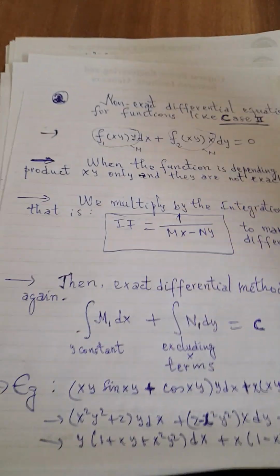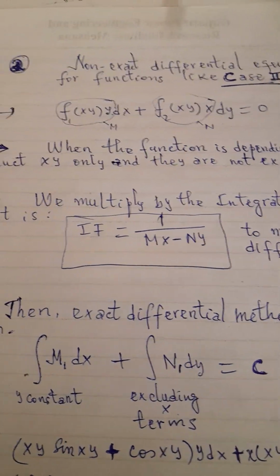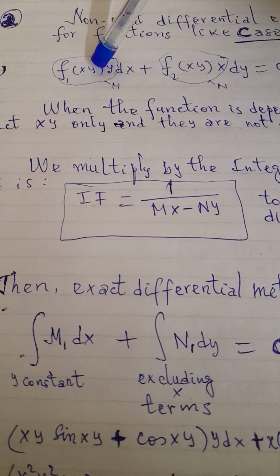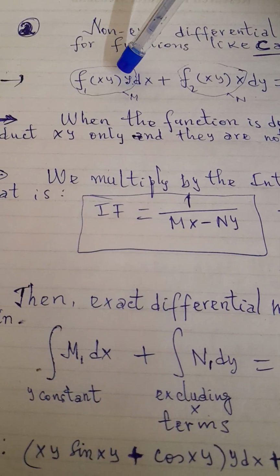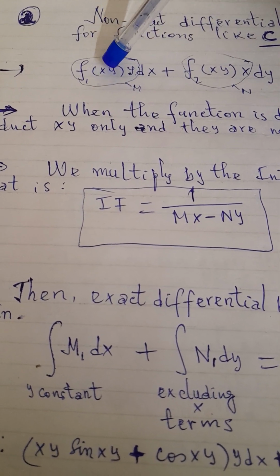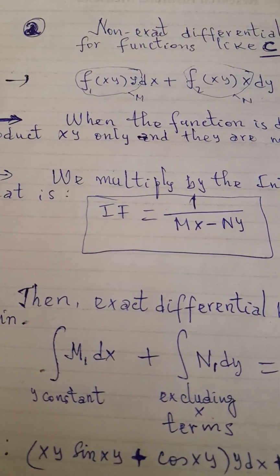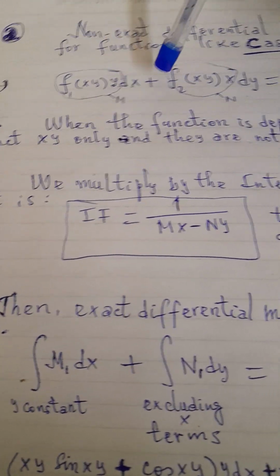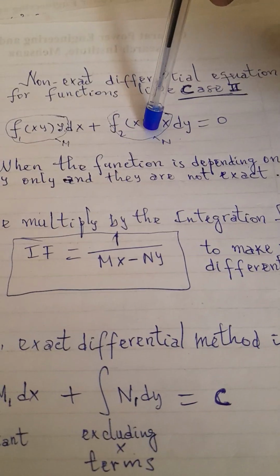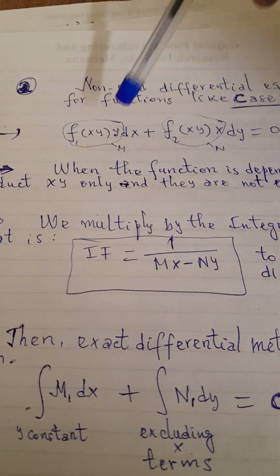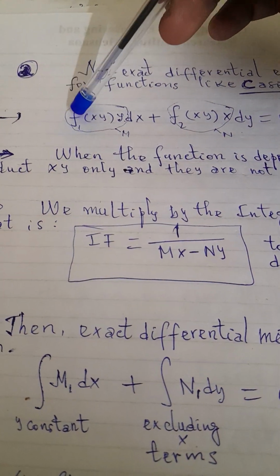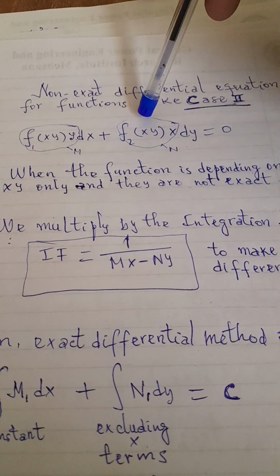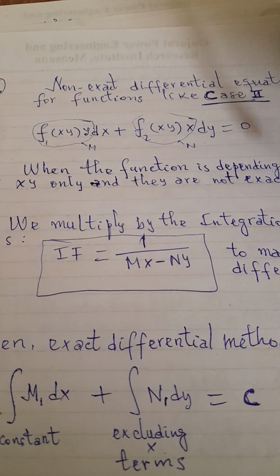It is a case in which the differential equation that is not exact is presented in the form of f1(xy) y dx plus f2(xy) x dy, where M is equal to f1(xy) y dx and N is equal to f2(xy) x dy.